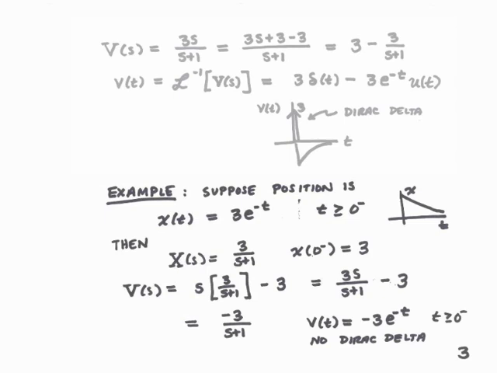So you see, this is a very different result than we found before. If we inverse Laplace transform this, we'll find v of t is minus 3 e to the minus t for t greater than 0 minus. And you'll note now there's no Dirac delta in v of t, as there was before. This is because there's no discontinuity in position between time 0 minus and time 0 plus.